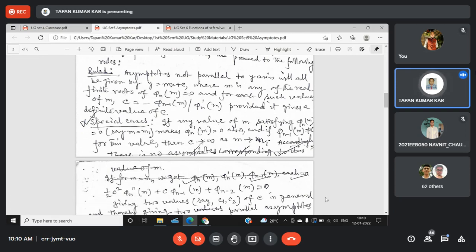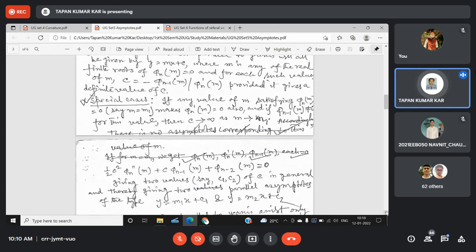In that case, you have to use another formula. This usually happens when there are repeated roots. Say for example, phi n m equal to m minus m1 whole square into m minus m2, that is, m1 is a repeated root. In that case, even if you differentiate, it is still 0 at m equal to m1.